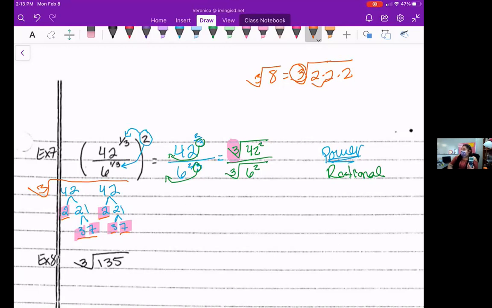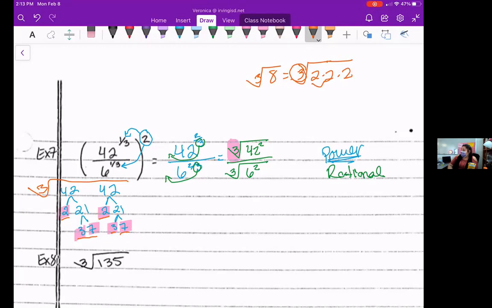So the factors that make 42 are 2 times 3 times 7. Those 3 numbers, when I multiply them, give me 42. So if I have 2 of them, then 2 times 3 times 7 times 2 times 3 times 7, when I multiply those 6 numbers together, is going to give me 1,764.